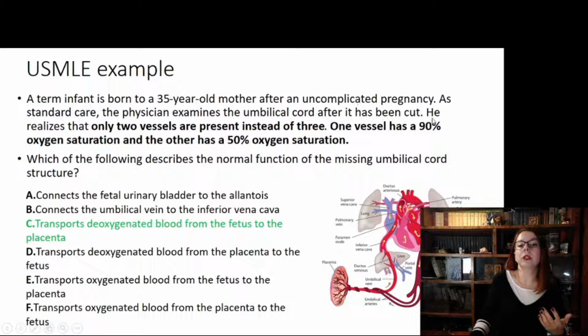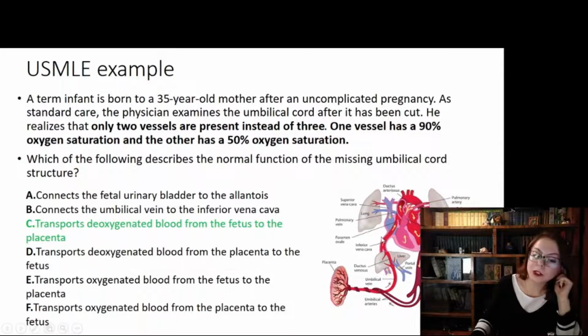So we assume that this is the vein with oxygenated blood, and this is an artery. So another artery should be absent, but actually everything's even more simple. Of course, if there is no vein in the umbilical cord, such a delivery could not result in the birth of a normal fetus, because the vein brings oxygenated blood.